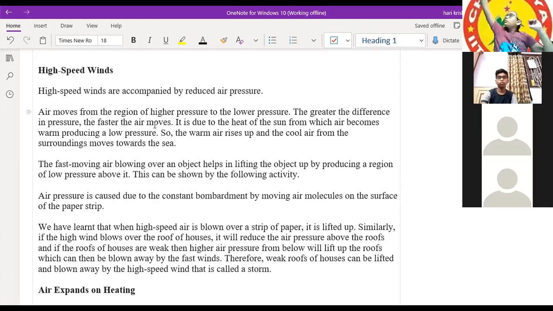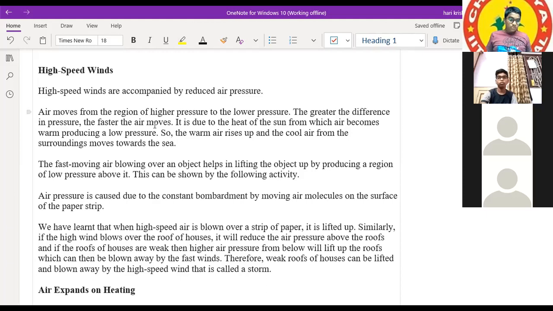So whenever the warm air rises up, what will be created in that region? Sir, low air pressure. Whenever the warm air rises up, the region will have low air pressure, right? So again, the new air will come from the high pressure area. So the warm air rises up and the cool air from the surroundings moves towards the sea.